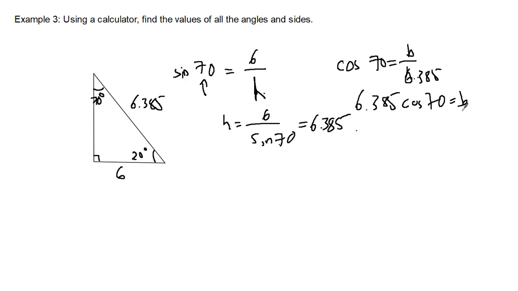And what's cosine of 70? It's a pretty small number. This is a totally bad triangle, it's not to scale at all. But it's 2.1383. So b is equal to 2.138, and that's it.